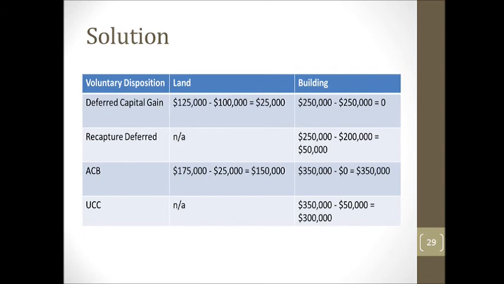The $25,000 deferred capital gain on the land reduces the adjusted cost base of the newly acquired land, and similarly the $50,000 deferred recapture on the building reduces the UCC of the newly acquired building. Now, it's important to note that the adjusted cost base of the building is not reduced as there was no deferred capital gain on the disposition of the old building.